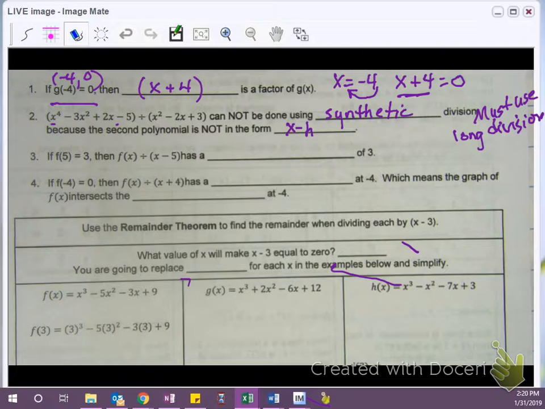Now, in the next one, if f of 5 equals 3, that means that x is 5. When x is 5, y is 3. That's the point 5, 3. If f of 5 is equal to 3, that means that when x is 5, y is 3. When that is true, then if I divide f of x by the factor x minus 5, it will have a remainder of 3.